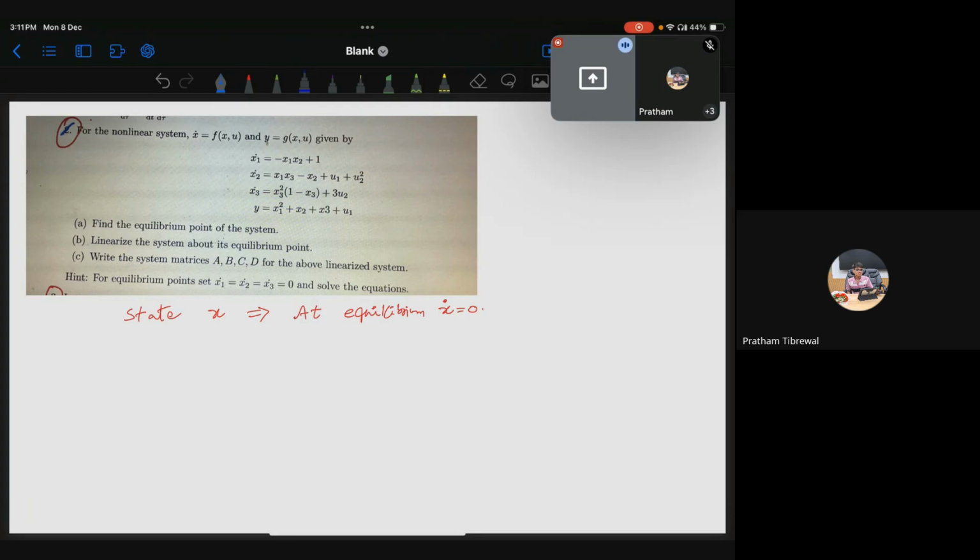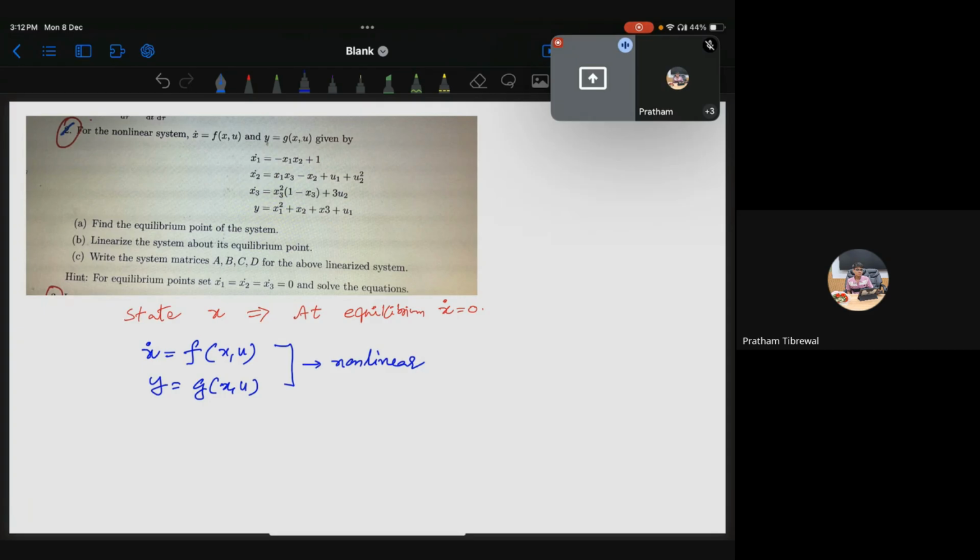Generally, any non-linear system has a format in this way: x dot is equal to f of x comma u, y is equal to g of x comma u. So this is a non-linear system.